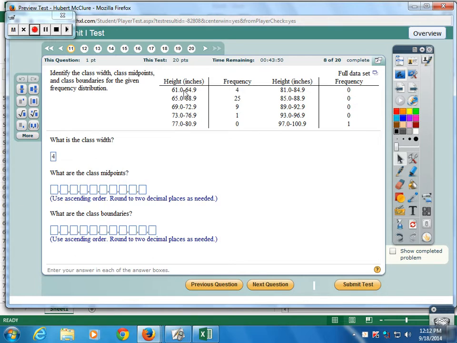What are the class midpoints? We'll go ahead and let's get the first one. Somebody add 61 plus 64.9 and divide by 2. What do you get? 62.95. And then you would add what? Add 4, 66.95.